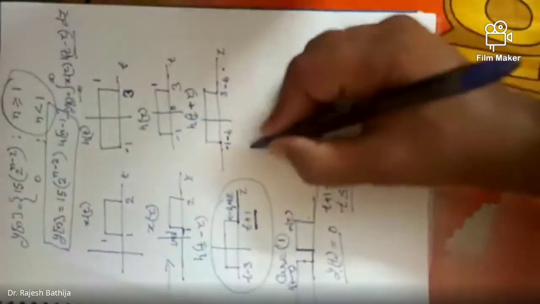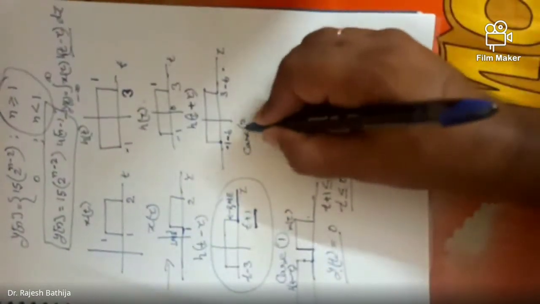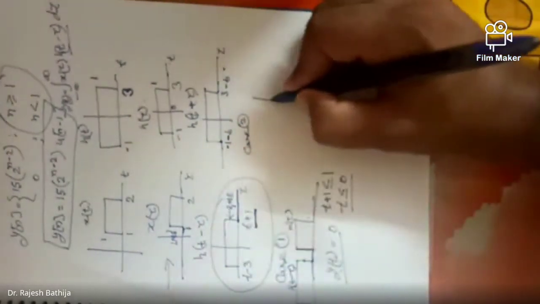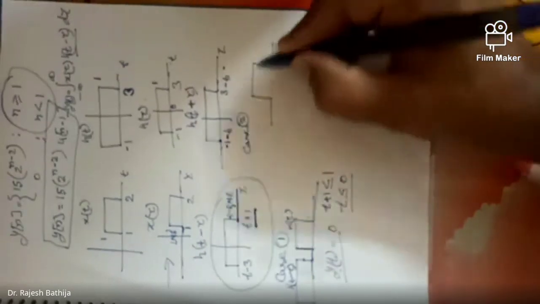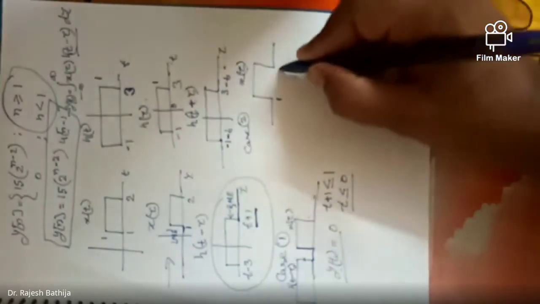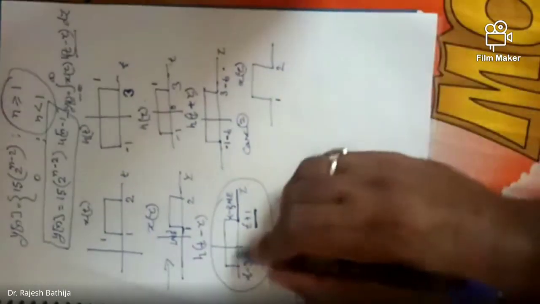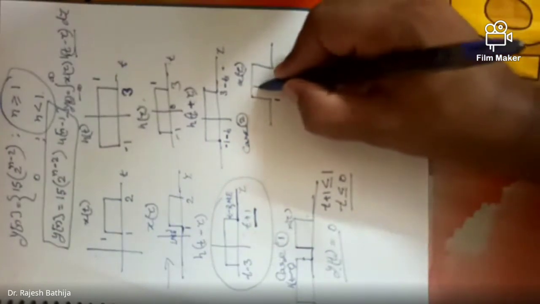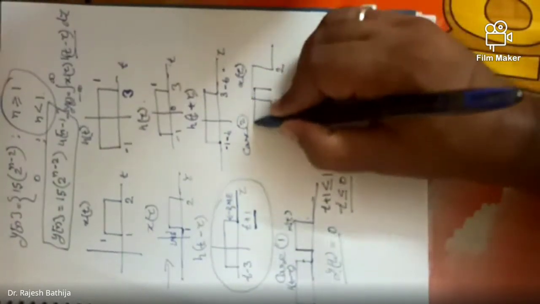Second case. Now see here, I fix this x of tau. X of tau is fixed over here between 1 and 2, right? I am rolling this one. Now if I roll this one, my second case will lie over here.